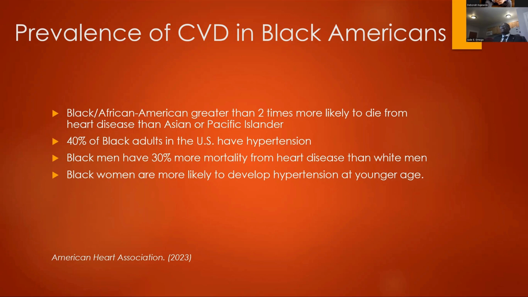Now, the important fact to know is that Black or African Americans are greater than 2 times more likely to die of heart disease than Asian and Pacific Islanders. That's why we're talking about this. It's also important to know that 40% of Black adults in the US have hypertension.